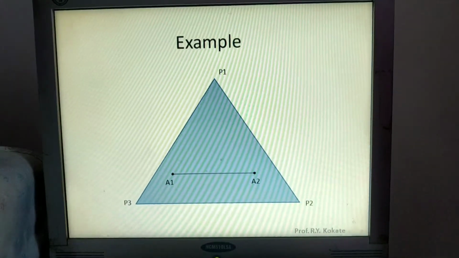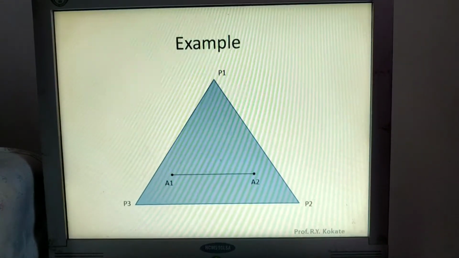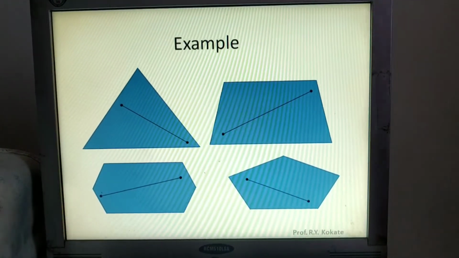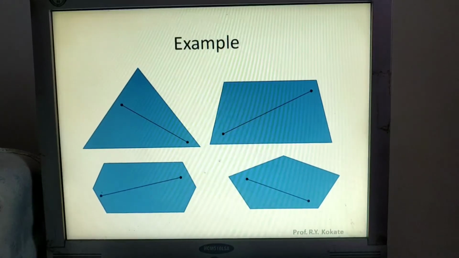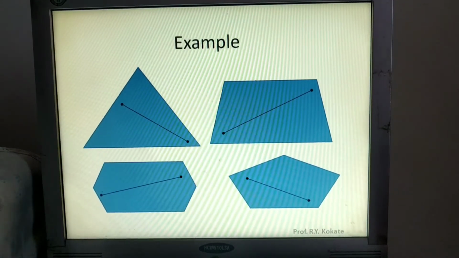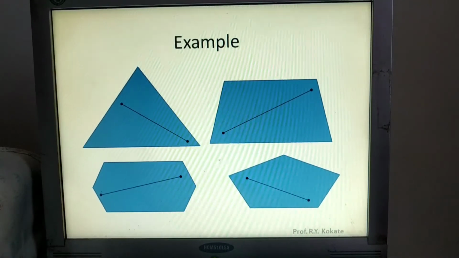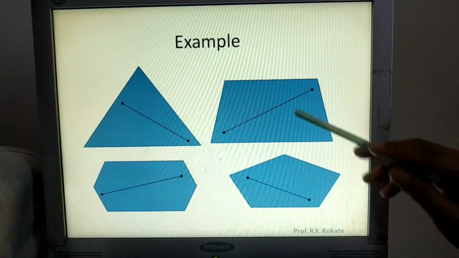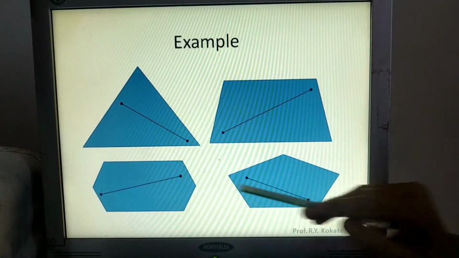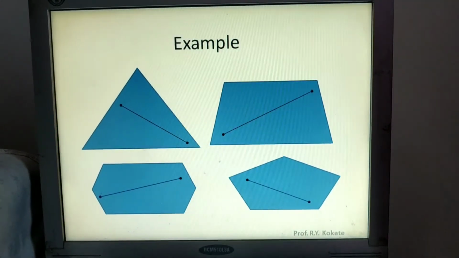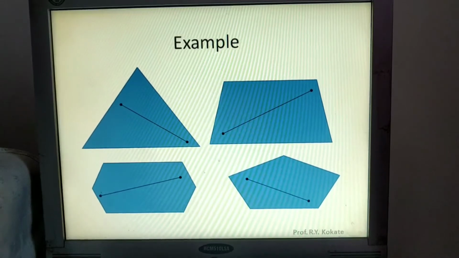That's why it is an example of convex polygon. Now all these are the examples of convex polygon. All the polygons include a number of vertices, and all the vertices are surely inside the polygon. That's why all these are the examples of convex polygon.